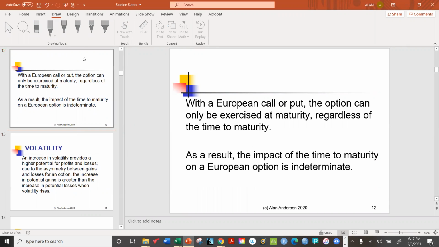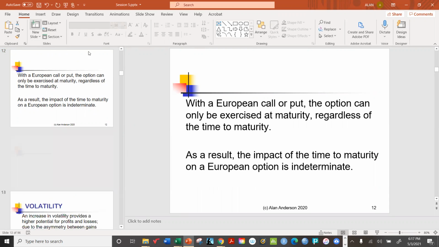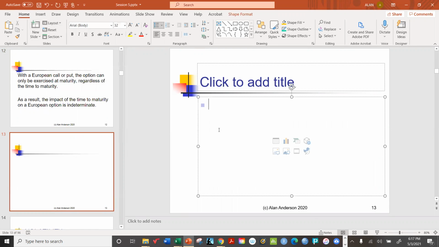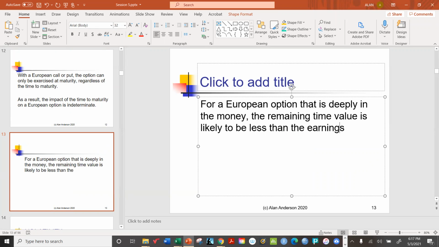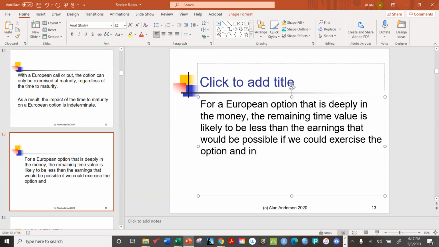Usually what happens here is that this is only true, let's say for a European option that is deeply in the money, the remaining time value is likely to be less than the earnings that would be possible if we could exercise the option and invest the proceeds into a treasury bill or a bank account.